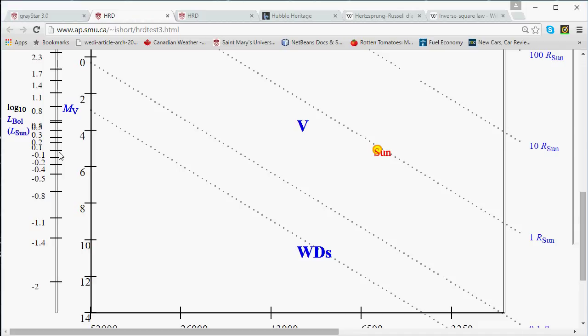In solar units, the Sun's luminosity, of course, is 1 solar luminosity by definition, and the log to base 10 of 1 is 0. If you take 10 and raise it to the power of 0, 0 powers of 10 is equal to 1. So on this logarithmic axis, the Sun's position is 0 in the log of the luminosity in solar units.